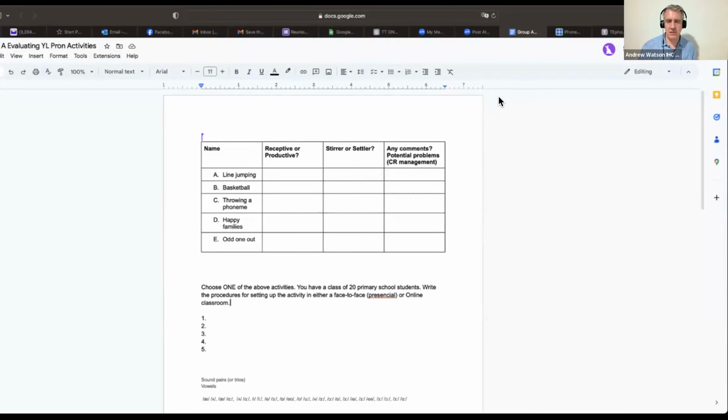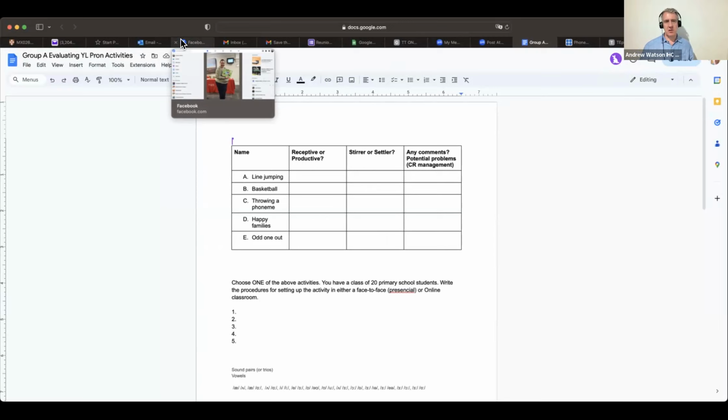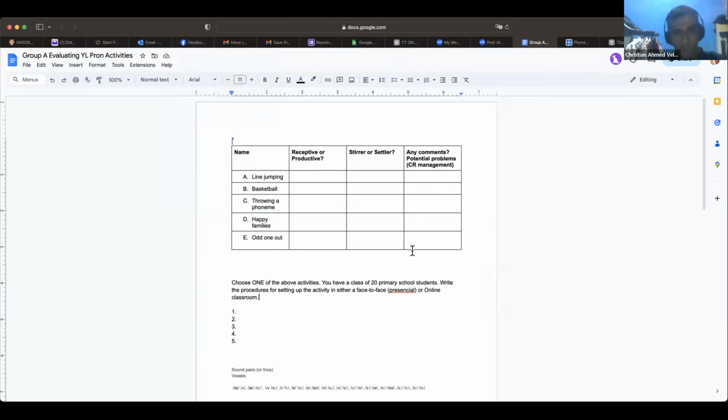Okay, so if you like, I can make the notes and you can just tell me what you think. So what do you think about line jumping? Is it receptive or productive? Think about whether it involves actually listening or actually producing the sounds. Is it a bit passive or is it more vocal?